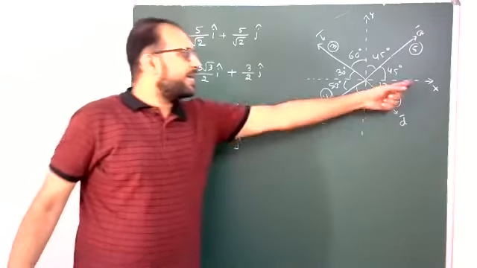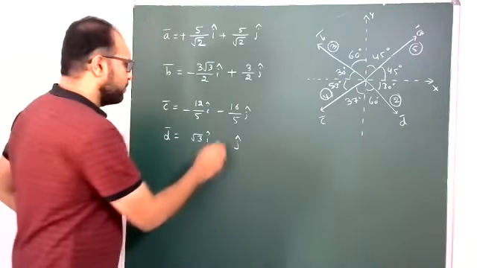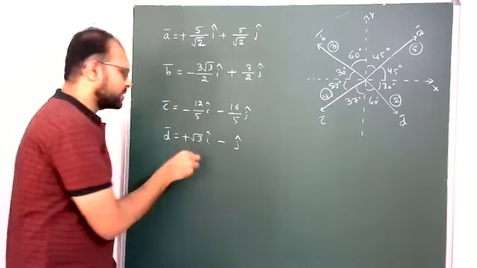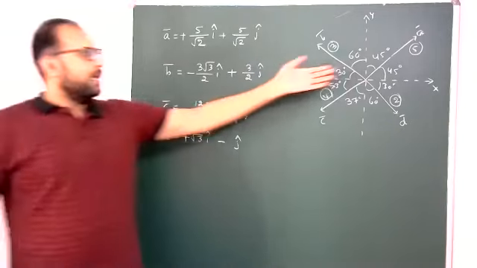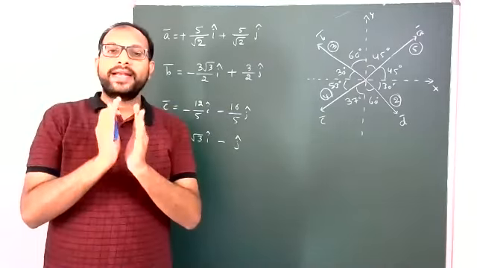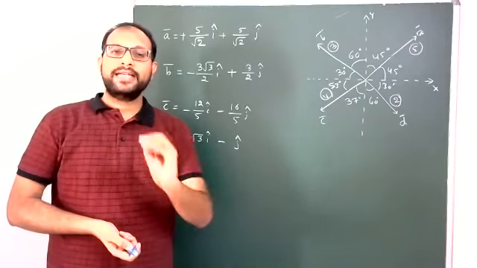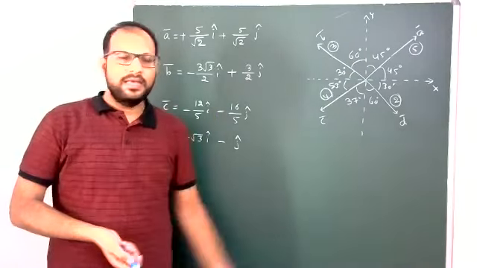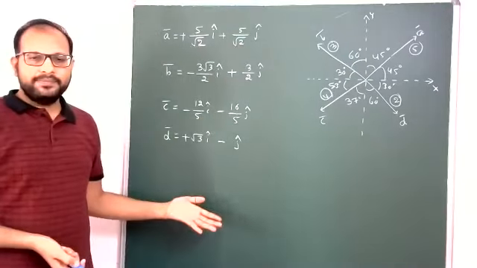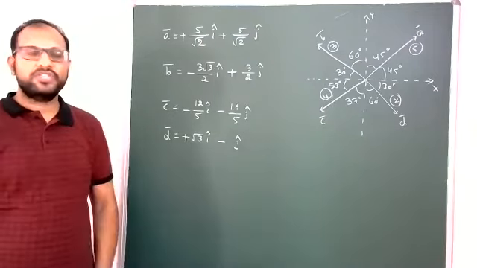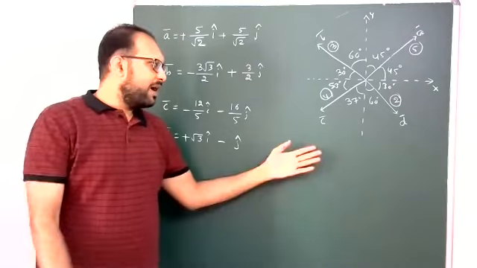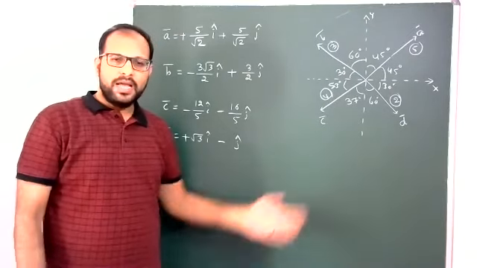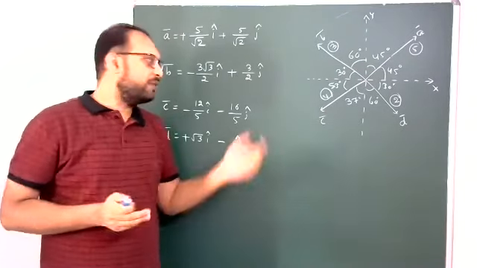But students, here x is positive, y is negative. Right? So, resolution of 4 vectors along x and y directions, clearly over. Just one small revision. This is the basis for today's class, so I hope all understood. And now today's class, how this is important.